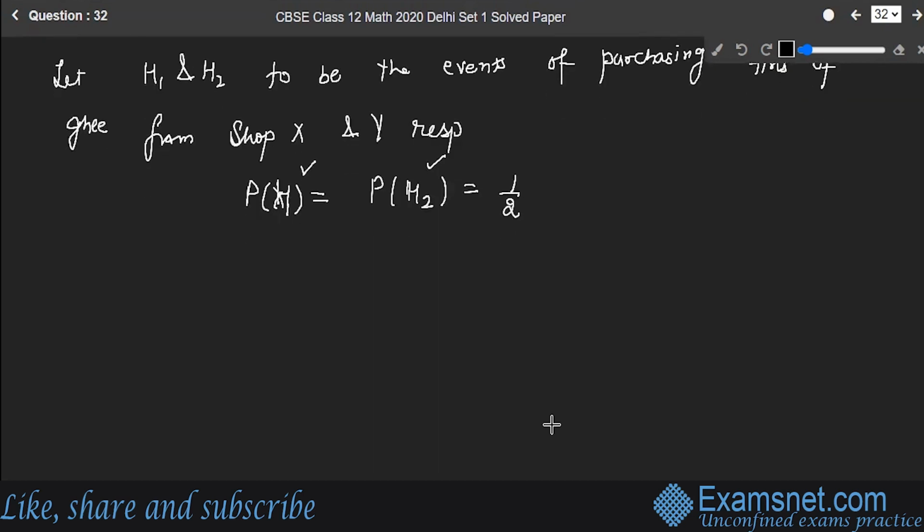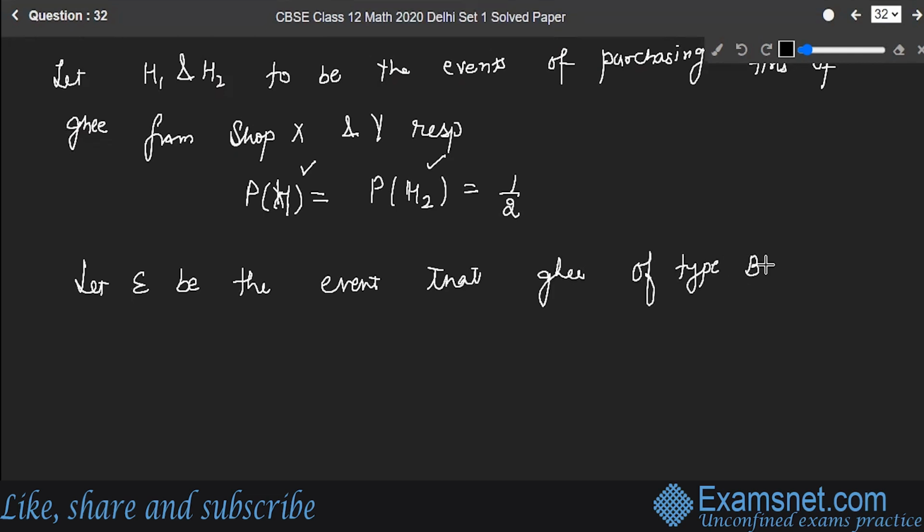Okay, now let E be the event that ghee of type B is purchased. So the probability that type B ghee is purchased from shop X is equal to 40 upon 70.